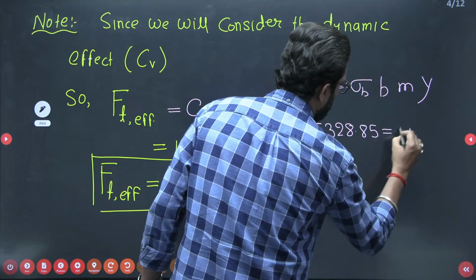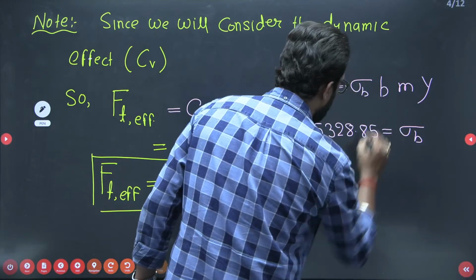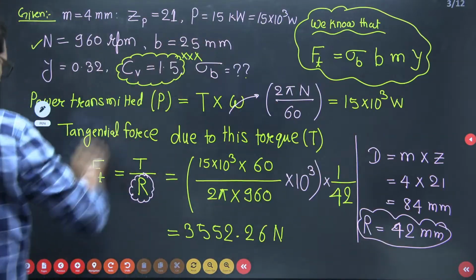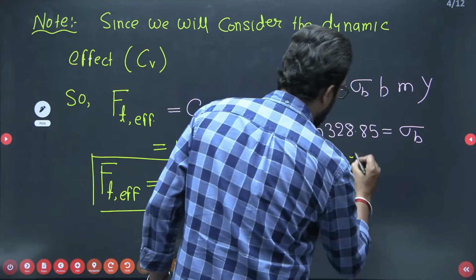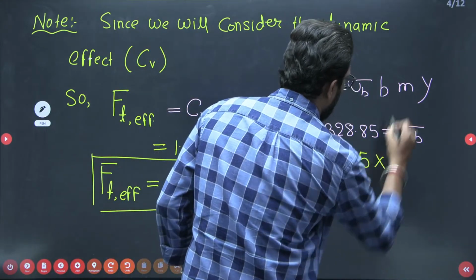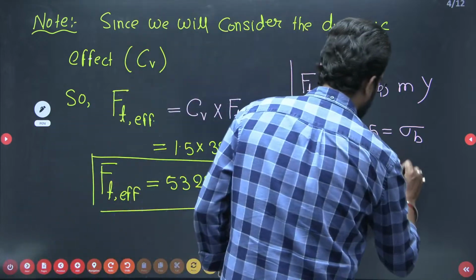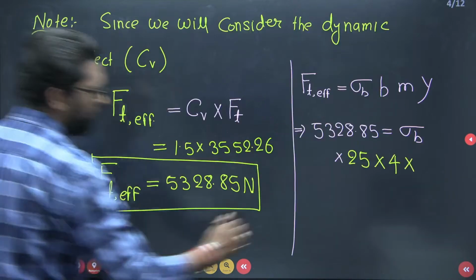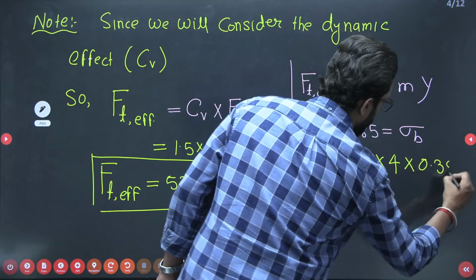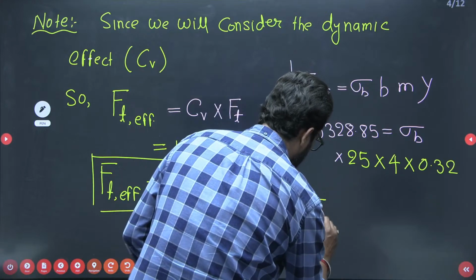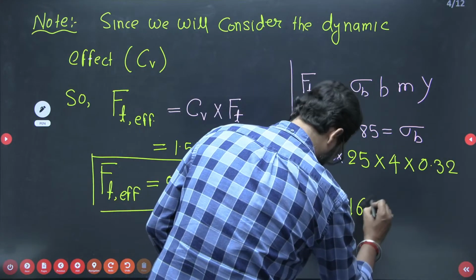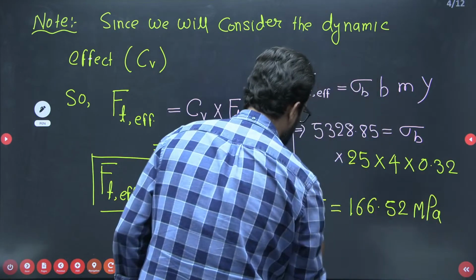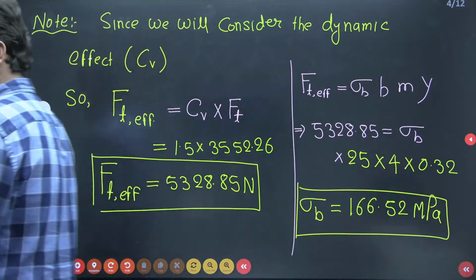We have to find sigma b. What is the b value? Face width, given as 25 mm. Put all values in mm. What is module? 4 mm. Lewis factor? 0.32. So sigma b, in megapascal, is 166.52. Very simple. That's it.